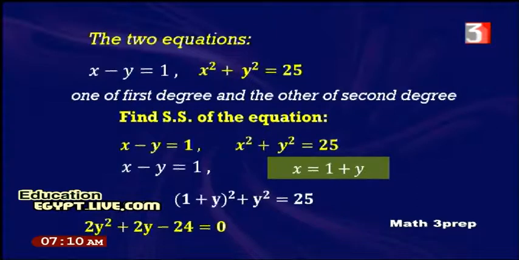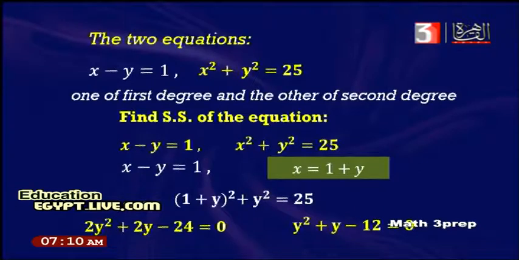By dividing the whole equation by 2, as it is divisible by 2, you are going to obtain another equation which is y to the power of 2 plus y minus 12 equals 0. When you look carefully at this equation, you are going to notice that you can factorize it. So what about y to the power of 2?